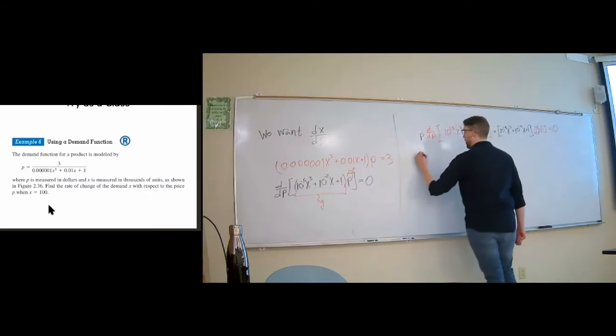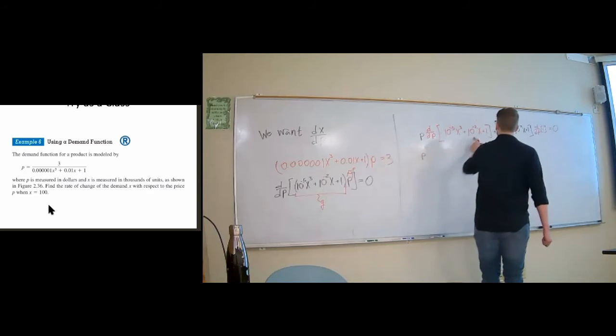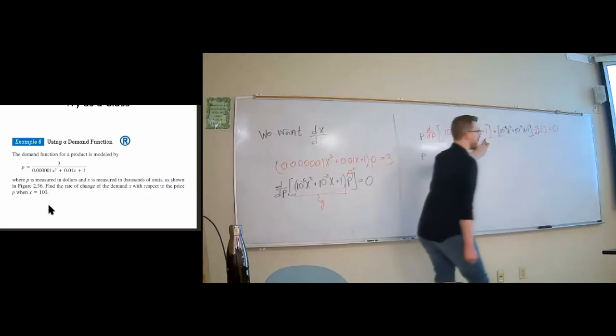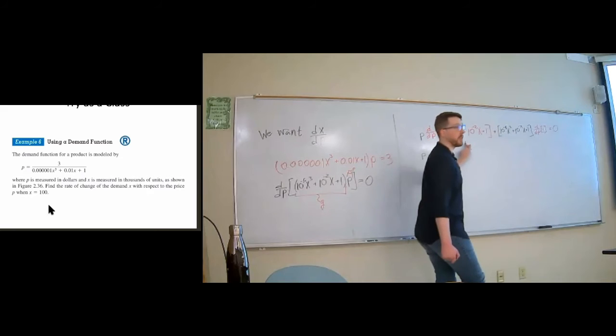So this is going to come out to be p times, we can break this up using the sum and difference rule and bring out these constants.